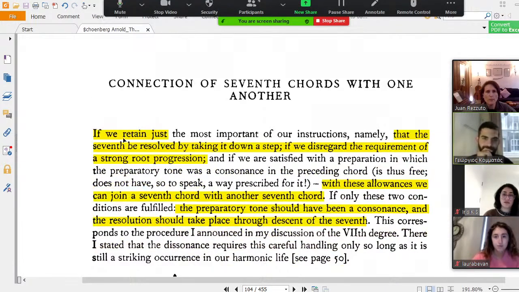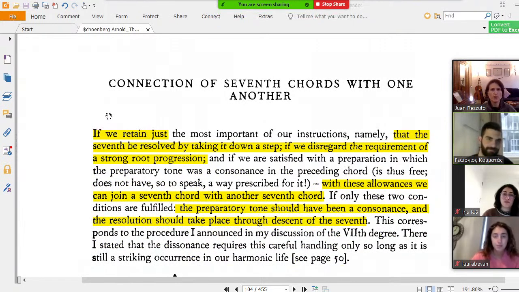Okay, so in a nutshell, connection of seventh chords with one another. If we retain just the most important of our instructions, namely that the seventh be resolved by taking it down a step, if we disregard the requirement of a strong root progression, because remember, what was the rule here?